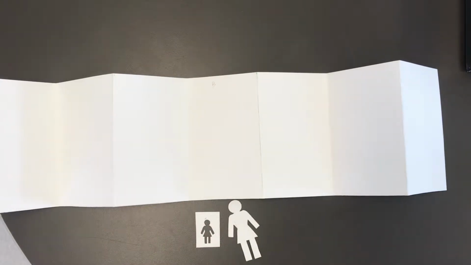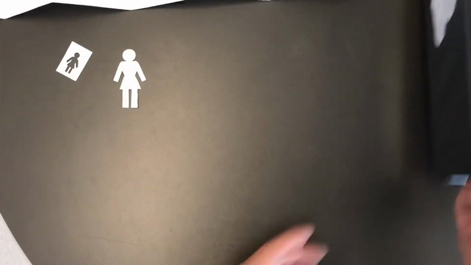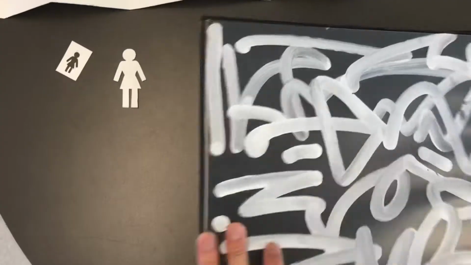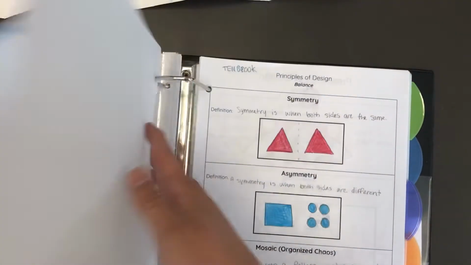A common issue that I'm seeing is people asking me, what is balance? If you aren't sure, you can move your project aside, you can pull out your portfolio, and you can open up to your Unit 2 anchor charts, Principles of Design, Balance.